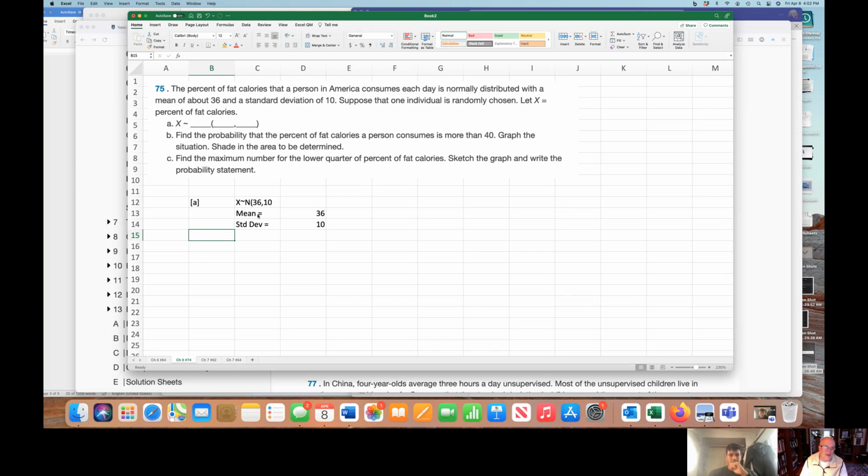And question B is find the probability that the percent of fat a person consumes is more than 40. Graph the situation. That's a right tail, is it not? More than 40. Yeah. So I have to do a less than.